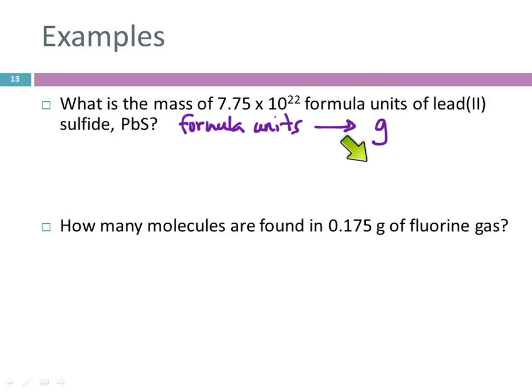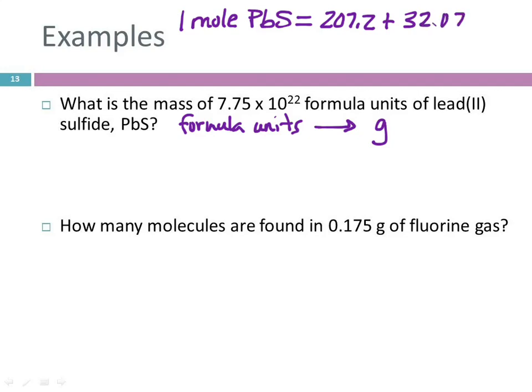Grams, what can we relate grams to? How do we find out the mass of some amount of lead sulfide? We're going to use the periodic table, and if we look in the periodic table, we could calculate the mass of 1 mole, right? So we could say, well, 1 mole of lead sulfide is going to be the mass of lead, which is 207.2, plus the mass of sulfur, 32.07.